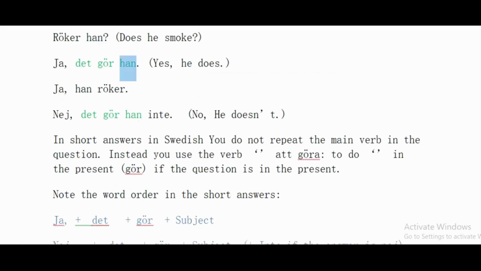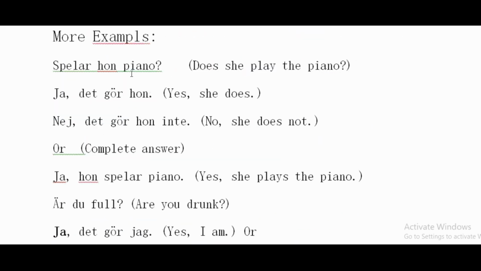Let's check a few more examples here. "Spelar hon piano?" Does she play the piano? The short answer is "ja, det gör hon". Yes, she does. So my subject here is "hon", and we place "hon" as the subject. If you want to say no, then you can say "nej, det gör hon inte". No, she doesn't play the piano.